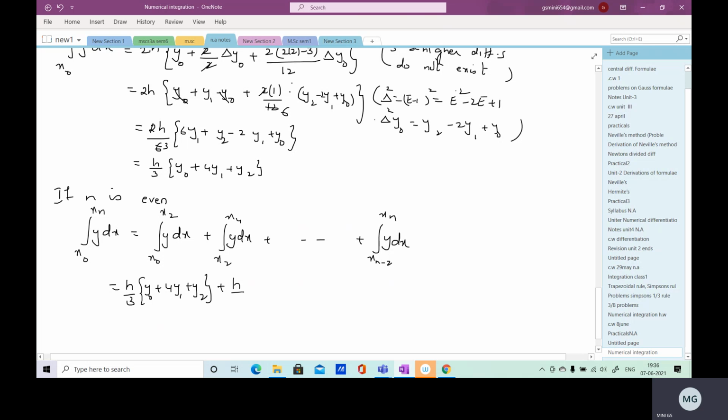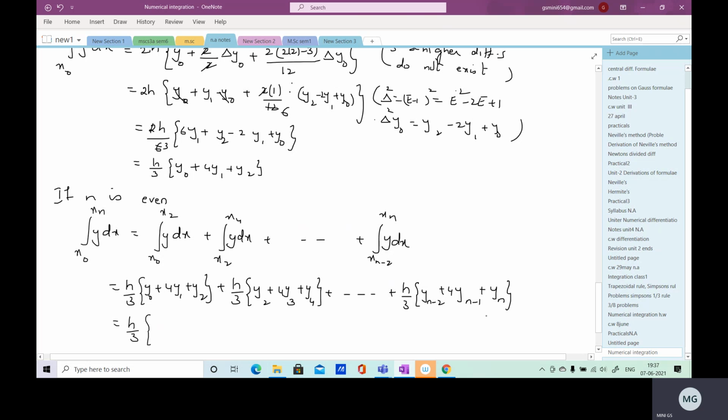Similarly, here it would be h by 3 into the lower value here, that is y2, the middle value, plus 4 y3 plus y4 plus etc. So the last one would be h by 3 into y n minus 2 plus 4 times y n minus 1 plus y n. Now I will take the h by 3 common.